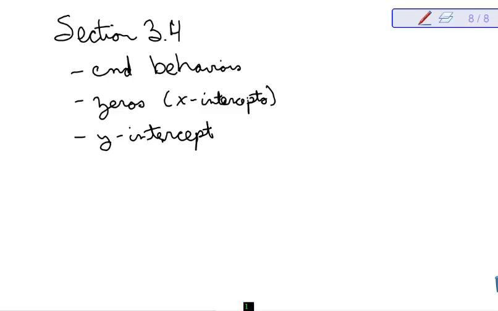Okay, so when we're looking at these things, talking about end behaviors and everything, the first thing that we need to know is how to find the degree of a polynomial.